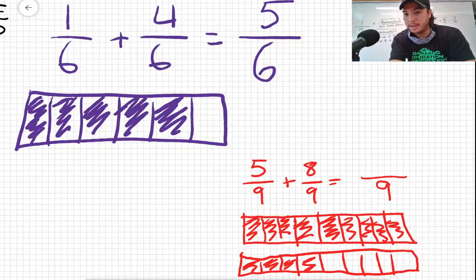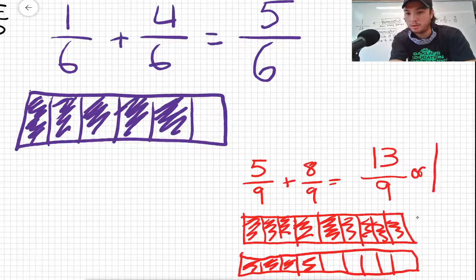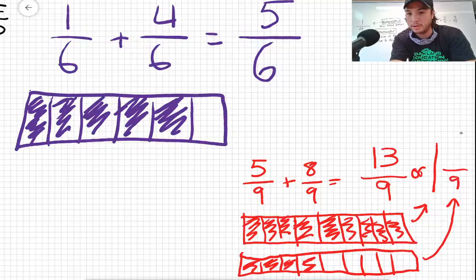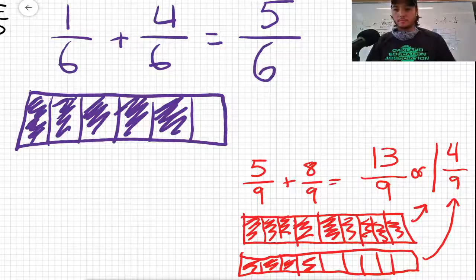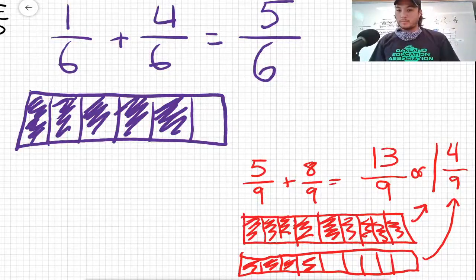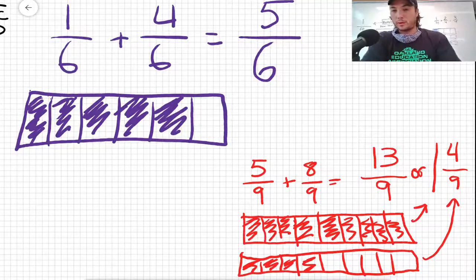Okay, 5 plus 8 is 13. Or we have one whole number, and then how many extra ninths? 1 and 4 ninths. Okay, you can either write it as an improper fraction that's greater than 1, or you can write it as a mixed number. Either one is an acceptable answer because they both have the same value.